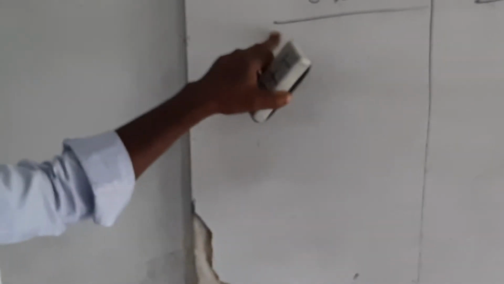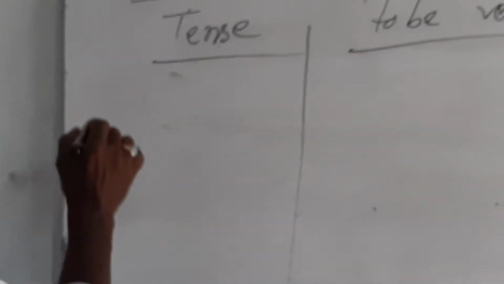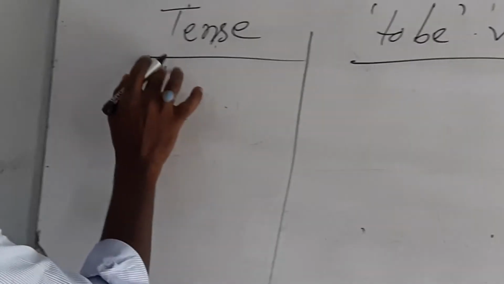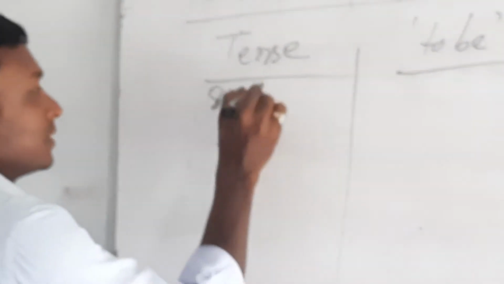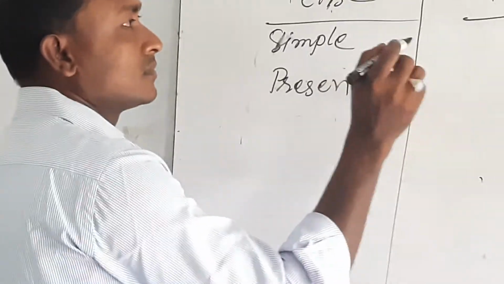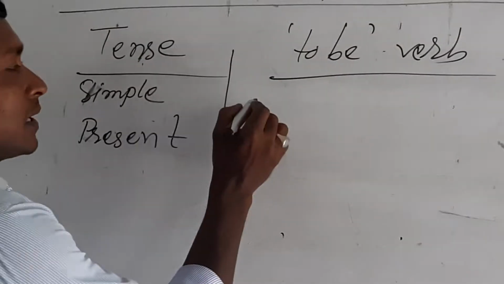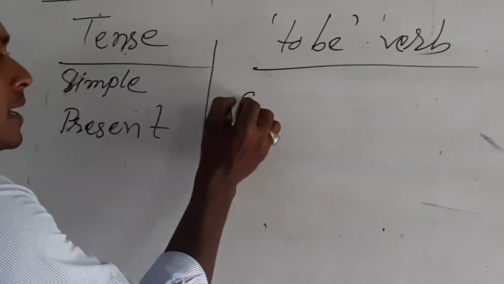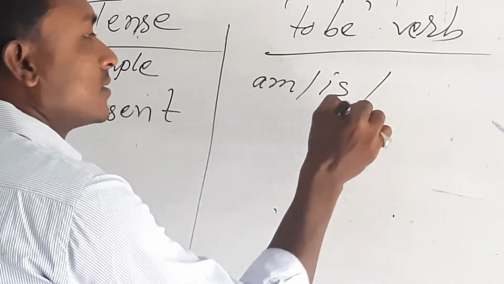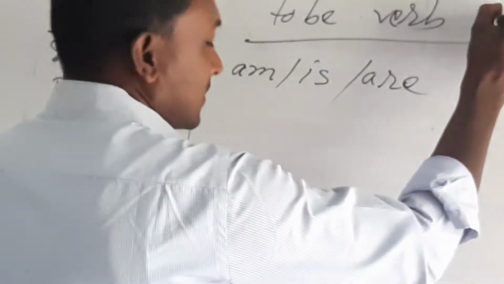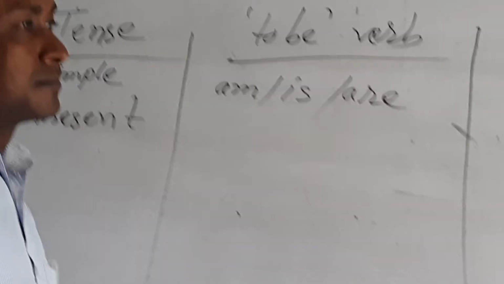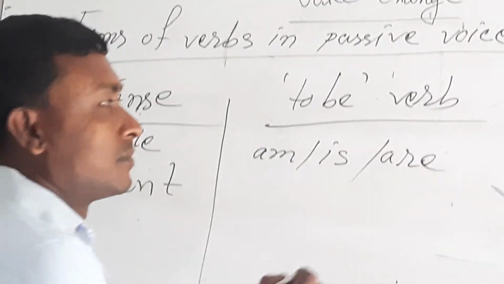If we get the simple present form in active voice, we will take in passive voice the to be verb am, is, are. And in passive voice, the principal verb always takes the past participle form.